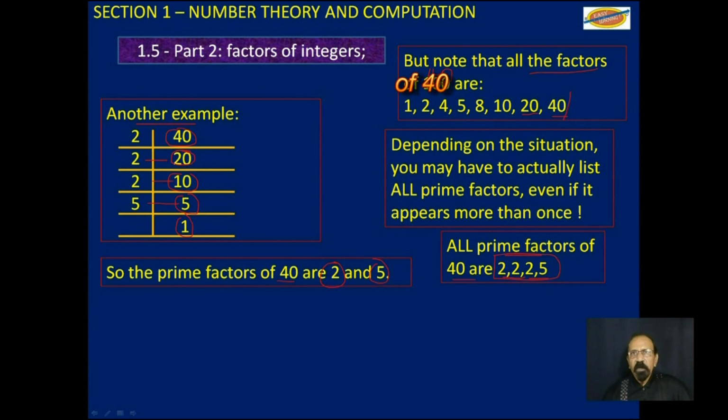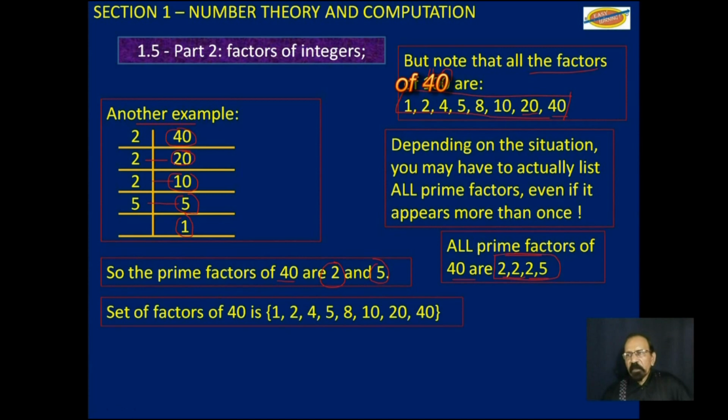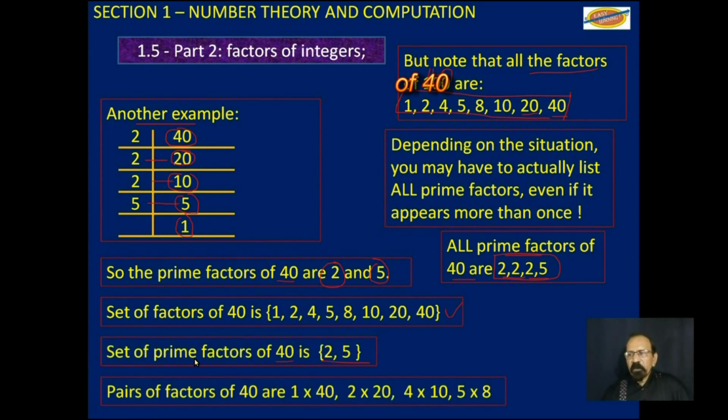In other words, these numbers can divide 40 without a remainder, and they are either equal to or less than 40 itself. So the set of factors of 40 are these 1, 2, 4, 5, 8, 10, and 20, as you saw up here.